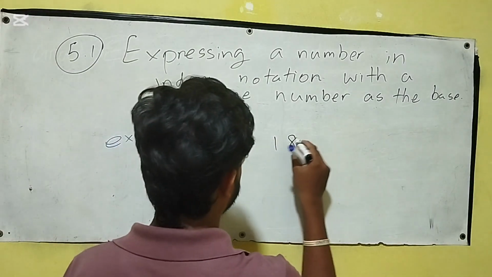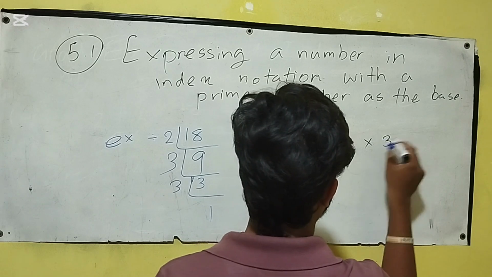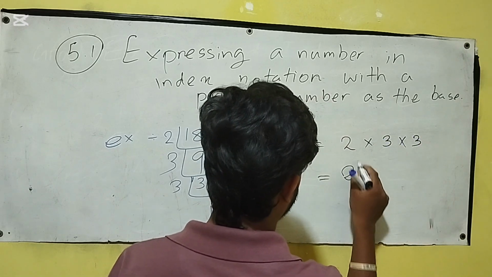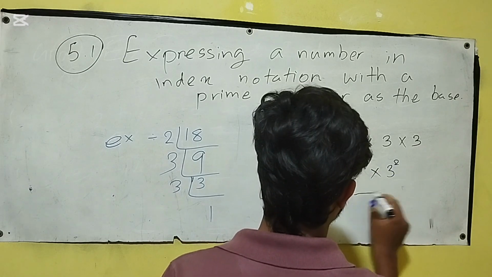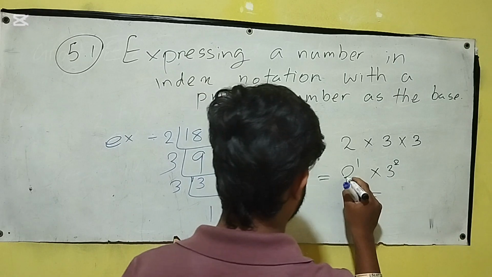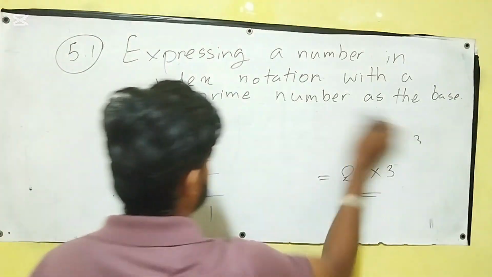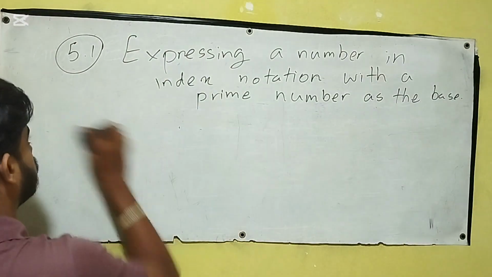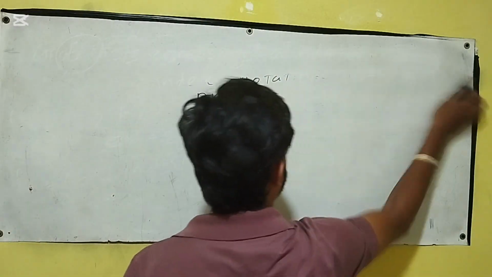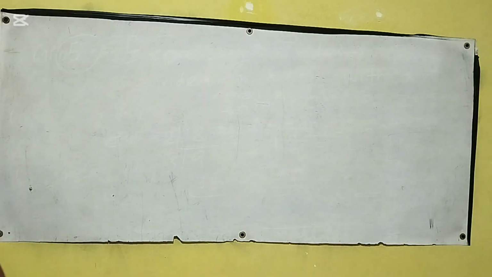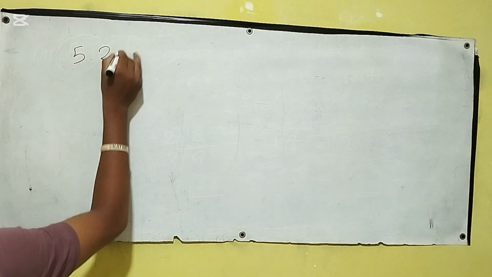How to write down? 18 is 2 multiplied by 3 multiplied by 3. 2 to the power 1, 3 to the power 2. Okay, write down this, okay?